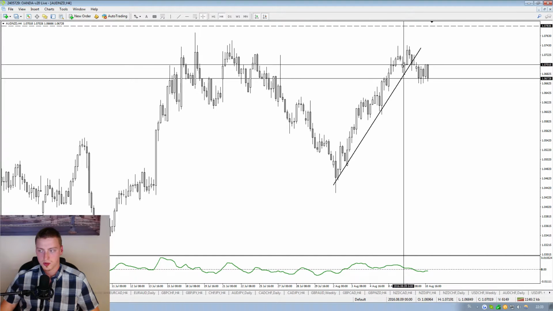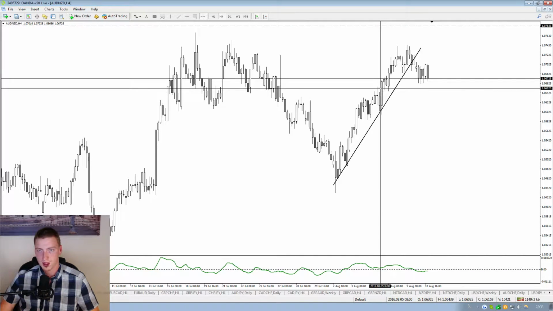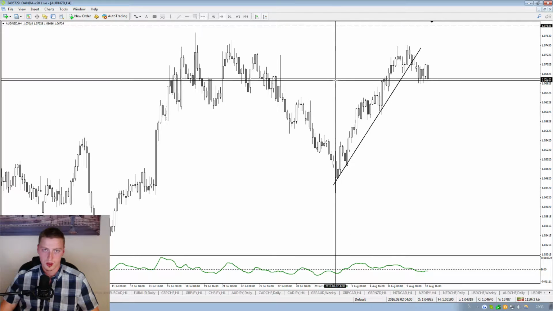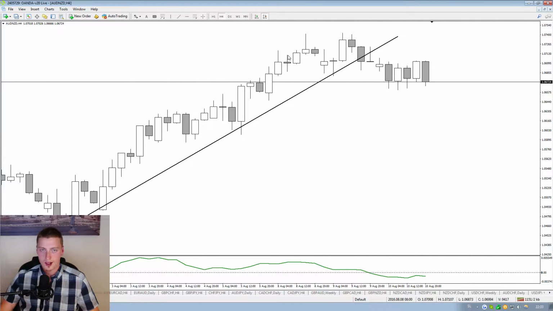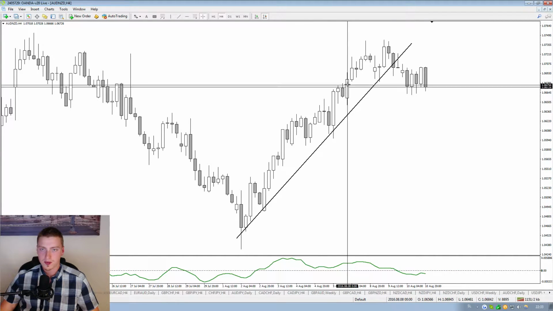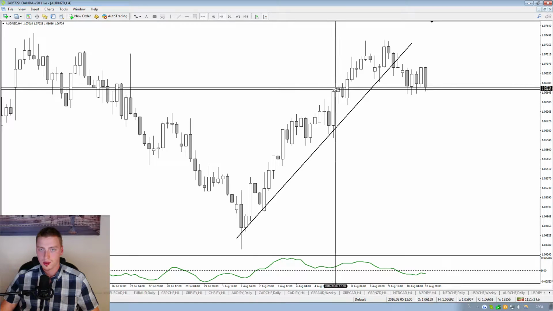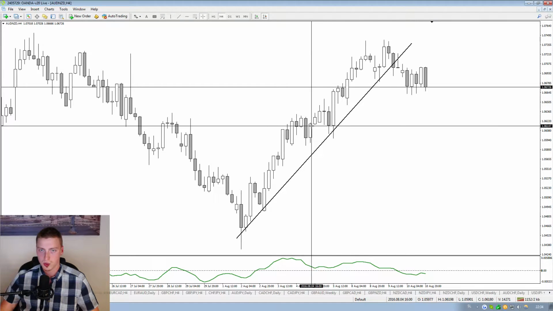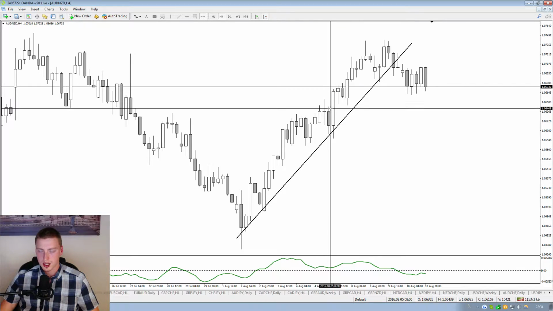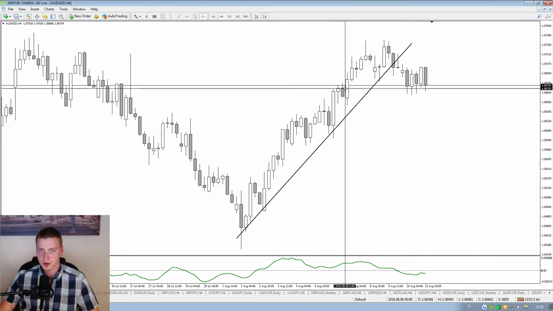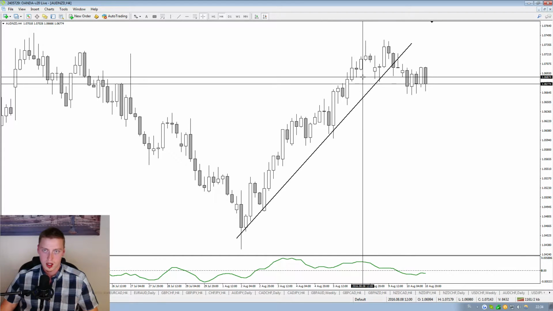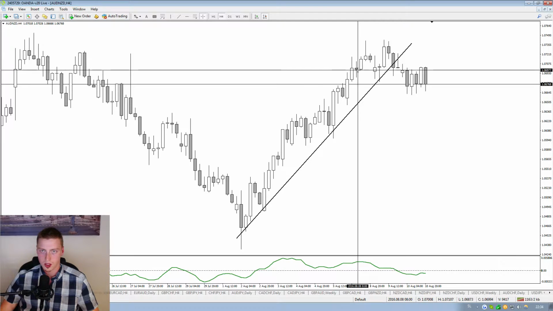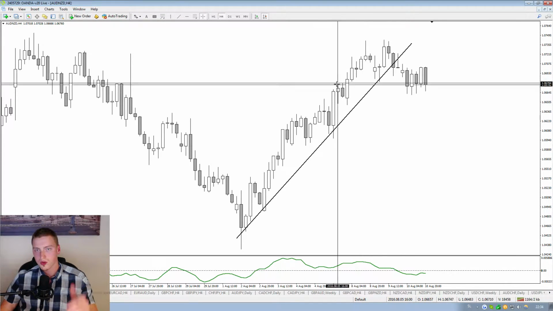Price is moving sideways, to the upside retracement, some sort of a consolidation on our lower time frames to the upside, always some sort of, you can see a lot of wicks.